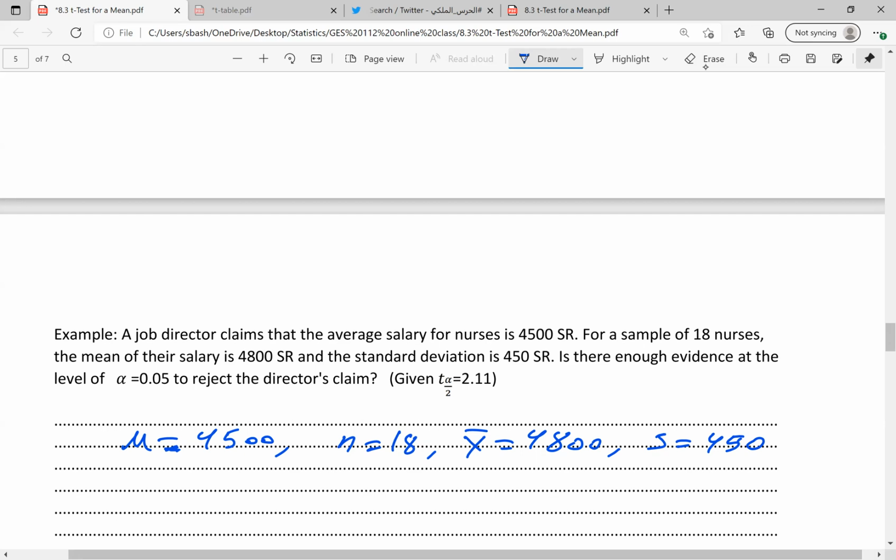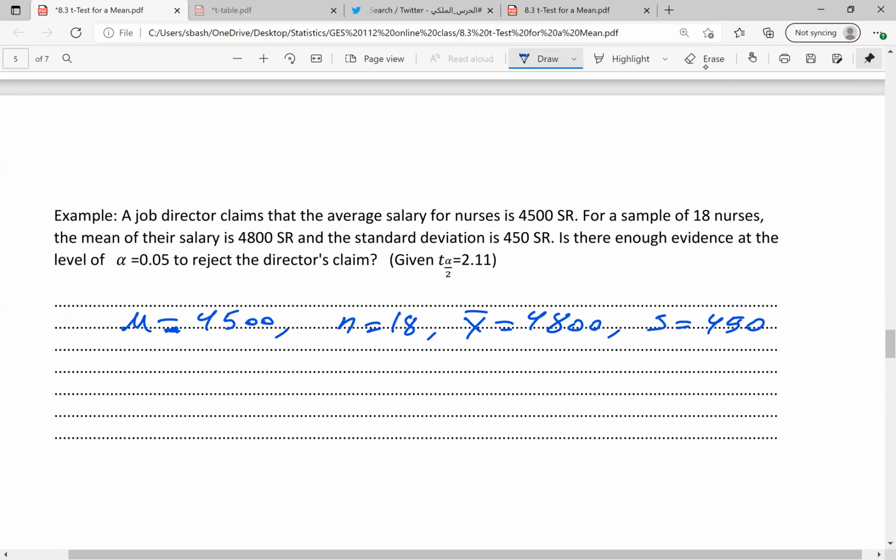So to reject the director's claim means that the average is not equal to 4,500. It means either less or greater than. It didn't say that the average is greater than or less than. It just says to reject the director's claim.